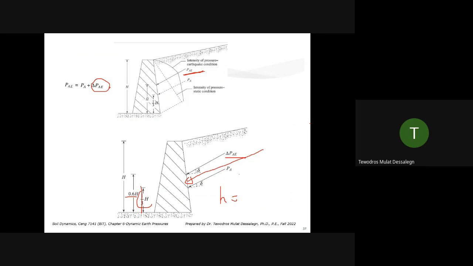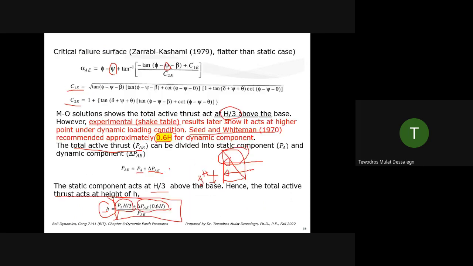So now we modified the Coulomb earth pressure. We incorporated the seismic coefficients, and we get the Mononobe-Okabe method, right? And then the CG of the total force. The total active thrust has two components, the static component and the dynamic component. For the dynamic component, Mononobe-Okabe said it acts at H/3, but later it was verified it acts at a higher height from the base.